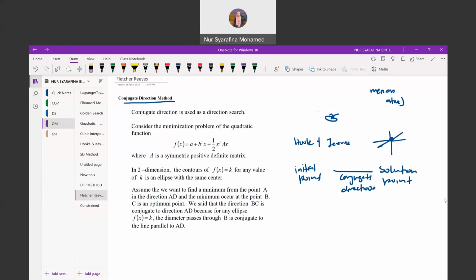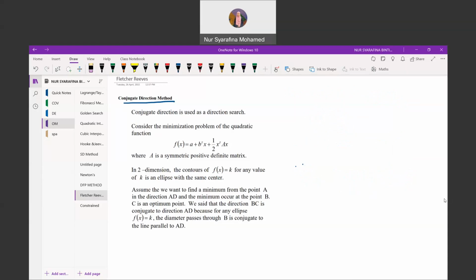Conjugate direction is used as a direction search, where we consider this problem. We want to minimize the problem. Let's say this is a quadratic function. This is the general form of a quadratic function where A is a symmetric positive definite matrix. In 2 dimensions, the contours of f(x) equals k, for any value of k, is an ellipse with the same center. So let's say we have the contour of an ellipse here.